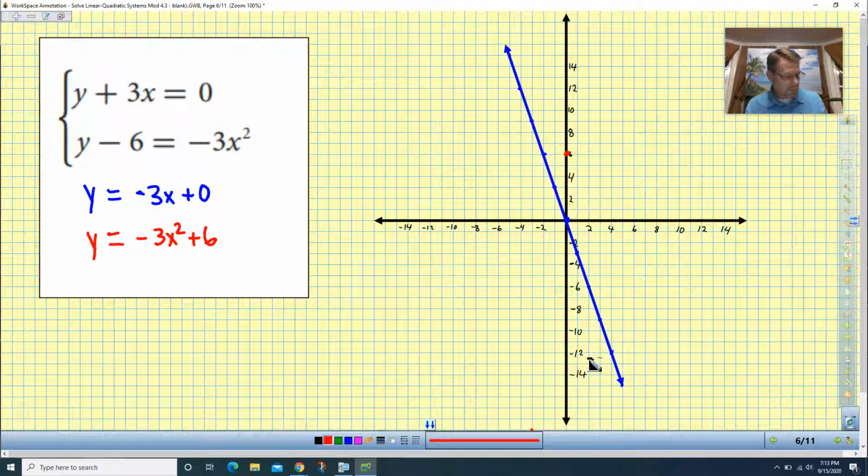And then it's a negative 2, negative 6 right here. And then negative 1, 3 right there. Okay, you see where they have that in common already. Then you've got your 0, 6, and then your 1, 3. You've got those corresponding points, and then 2, negative 6, and then 3, 21, which we're going to say somewhere down there.